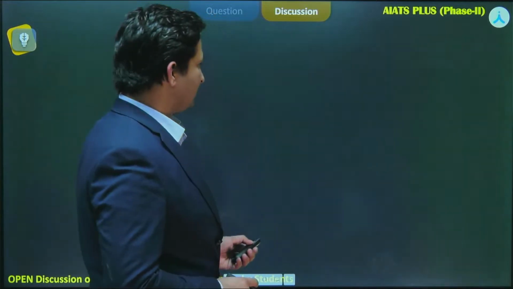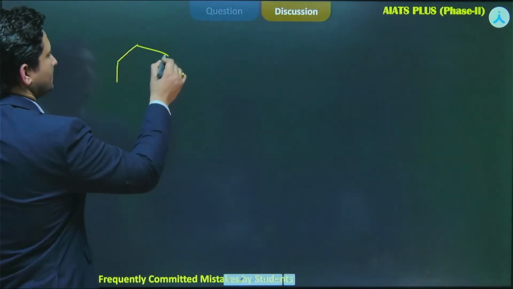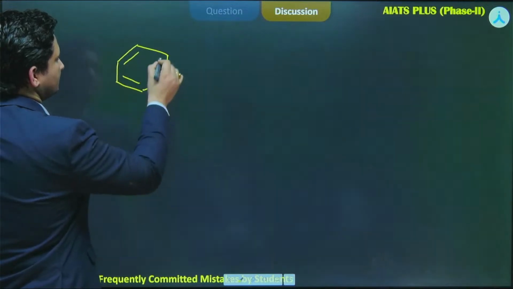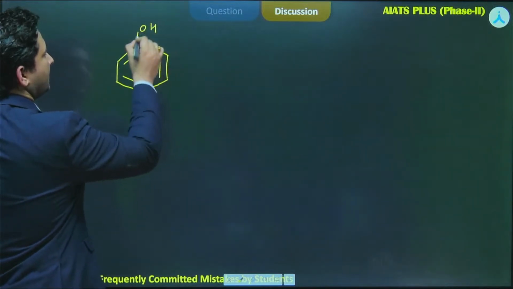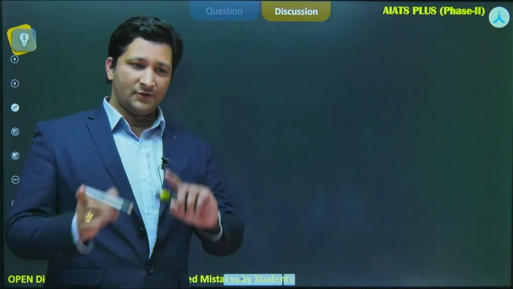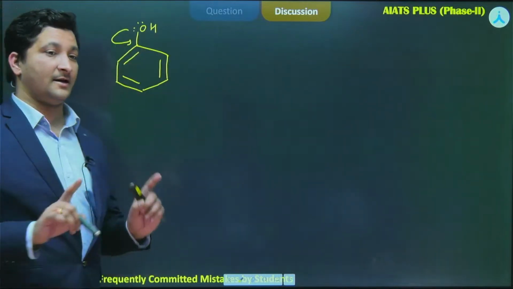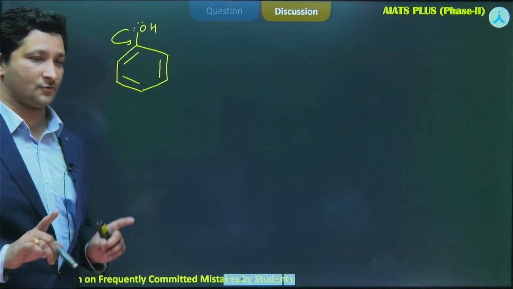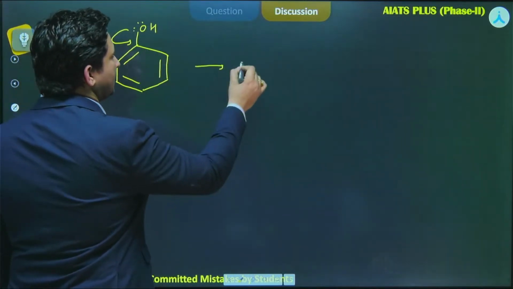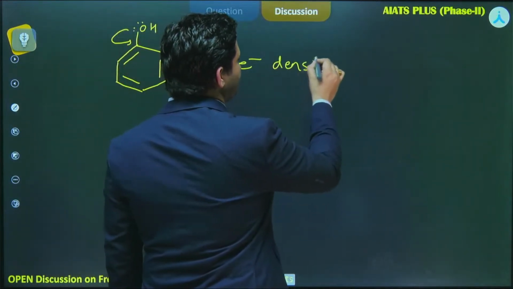I will show you an example here. Suppose OH group is there. Now the lone pair of electrons will move into this bond formation, and a number of resonance structures you all know how to draw, and then you will find that electron density increases at ortho para position.